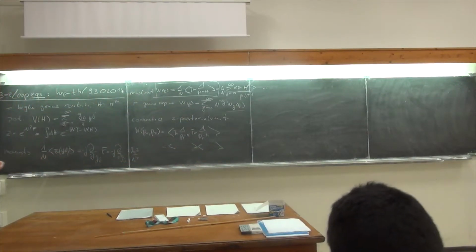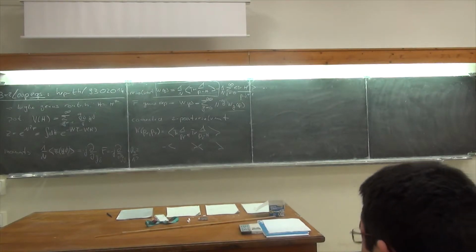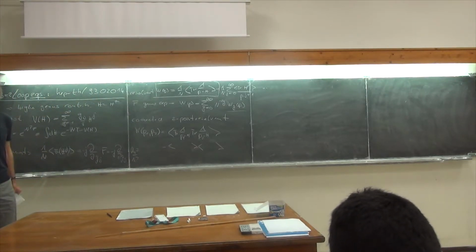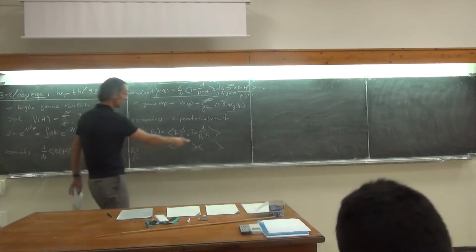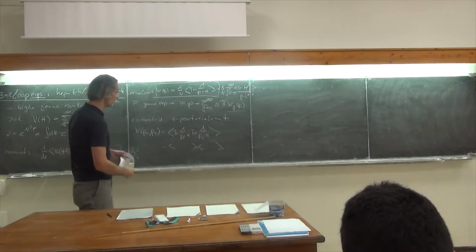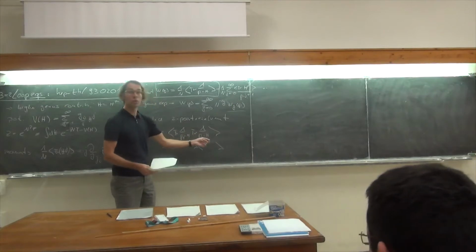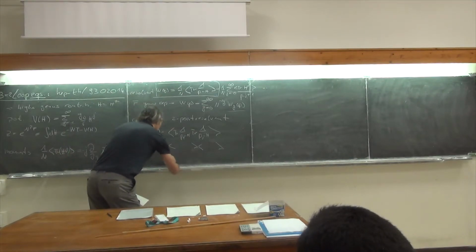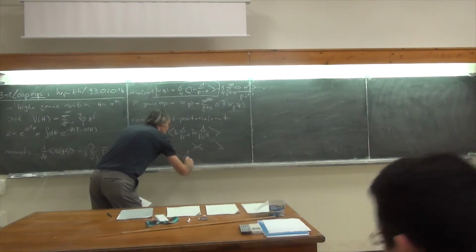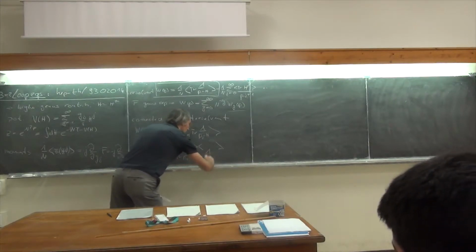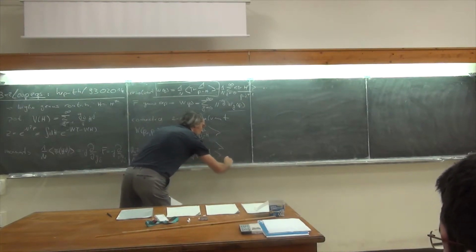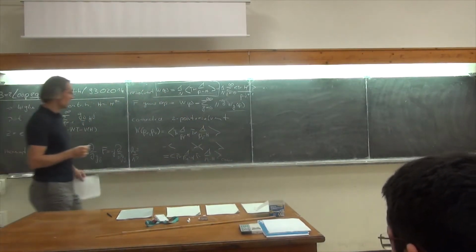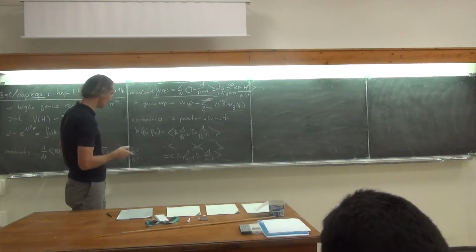Now, why do we do that? We do that because we expect that in the large N limit, these objects will factorize. So this object will give us the interesting behavior. If I don't subtract that, I just get the product of two one-point resolvents, and that we already know. So this is why we do this definition, and we call this the connected expectation of trace 1 over p1 minus H, trace 1 over p2 minus H. And then, of course, you can also define higher order connected resolvents, which I will not do.